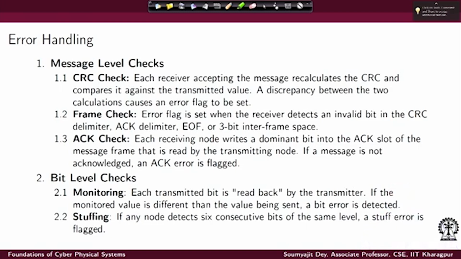And also you have this bit stuffing, which means that whenever there are 6 consecutive bits of the same level, that is not allowed, due to the bit stuffing rule, which is supposed to change the polarity there. If that is not maintained, then a stuffing error at the bit level will also be flagged. All these things are there, and through these error handling scenarios they should be able to prevent the CAN data from getting corrupted due to some random noise or due to some random attack happening on the system.